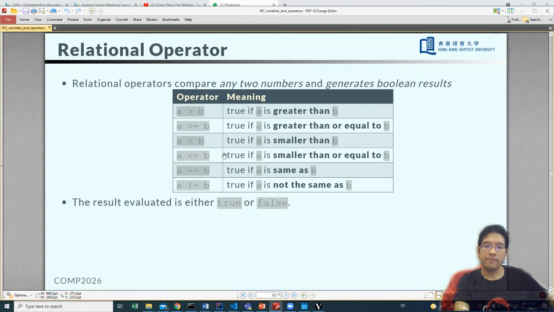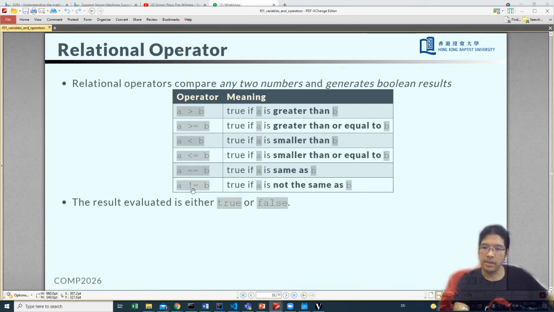Now, if you want to check if two expressions give you the same value, you can use equals equals. So let's say A equals equals B, which means we're asking whether the value of A equals B. In this case, if they're the same, it will give you true.